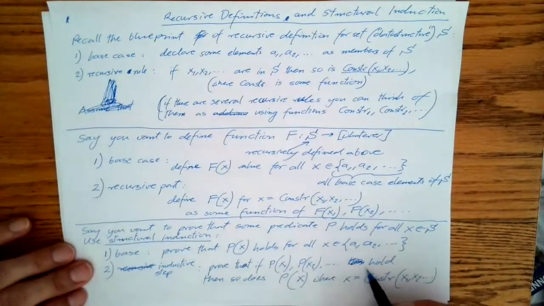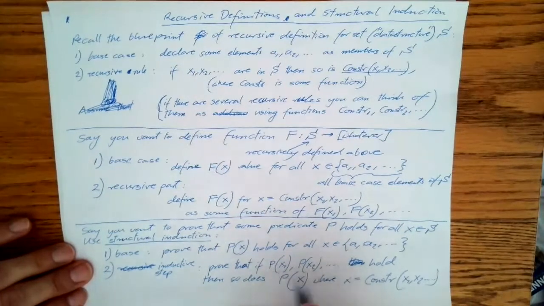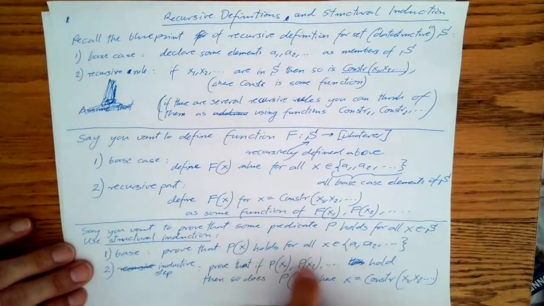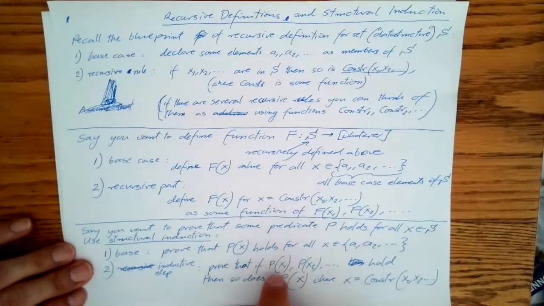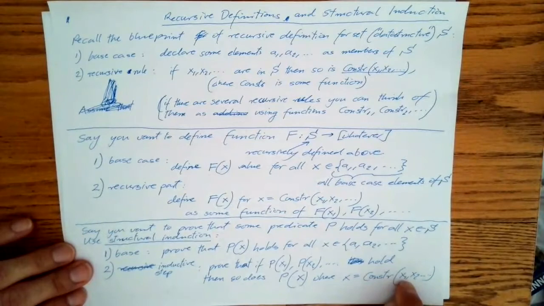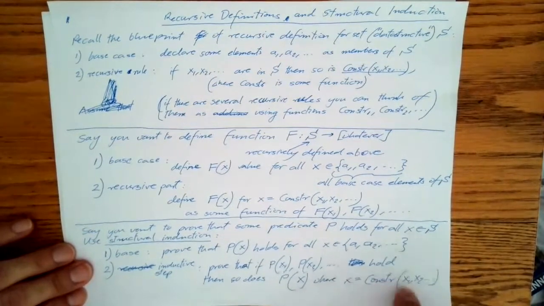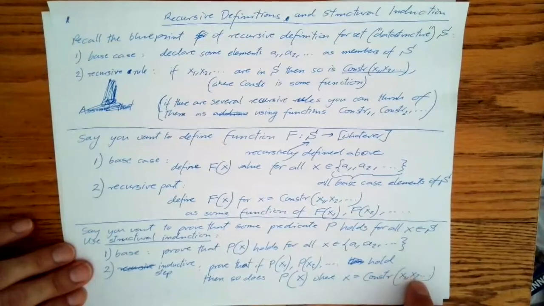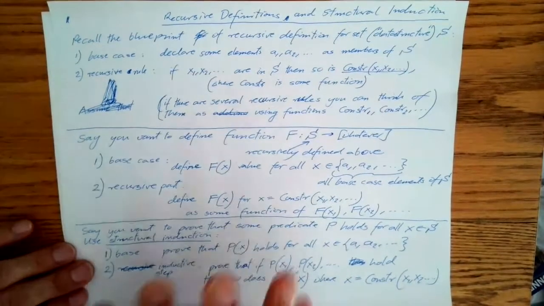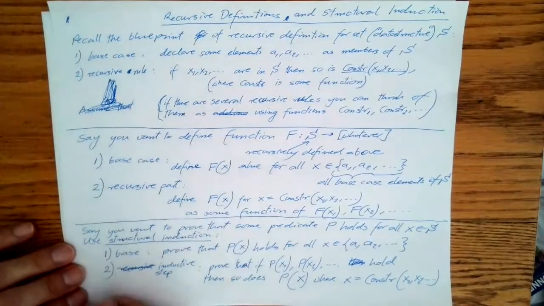So this assumption says, in the inductive step, for whatever your point k of induction is, if the predicate holds for all elements in the set which are created by k or fewer applications, then so it does for an element which is constructed using k plus 1. Because if the xi's are created by k or fewer, then x is created by k plus 1 or fewer. Okay, I'm trying to render this as a case of the standard induction.